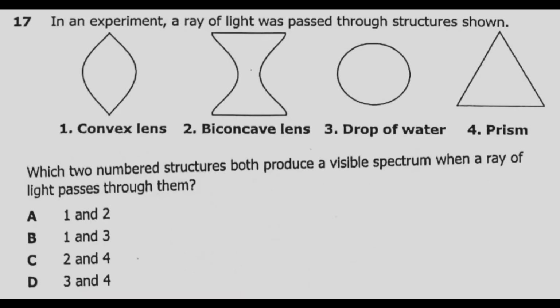Okay, so you and me, we should know that only drop of water and prism is where the spectrum is produced. So the correct answer is 3 and 4, which is D.